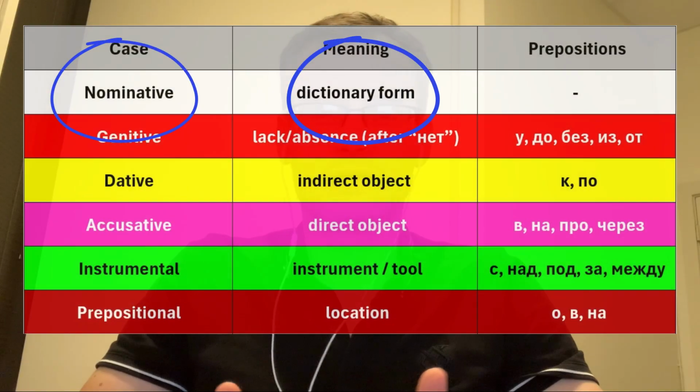So the nominative case is basically the dictionary case, the base case, and it's your starting point when it comes to learning Russian cases. The reason it's so easy is because it doesn't really take any additional endings that you have to memorize, like for the other five cases. Whenever you take a word like a noun or an adjective in Russian in the base form, that is already the nominative case.